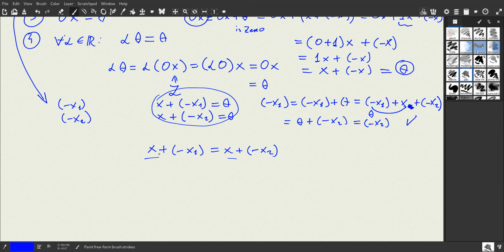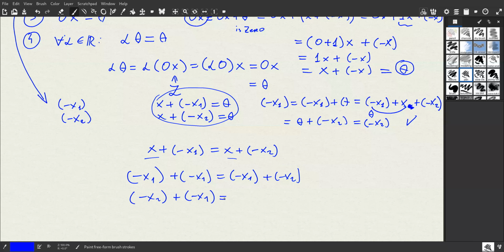But in this case, we don't know which minus x to add. We can add minus x1 to both sides: minus x1 plus minus x1 would be equal to minus x1 plus minus x2, and it's still not what we want. We can add minus x2 to both sides, and then it is minus x2 plus minus x2, and it is still not what we want.